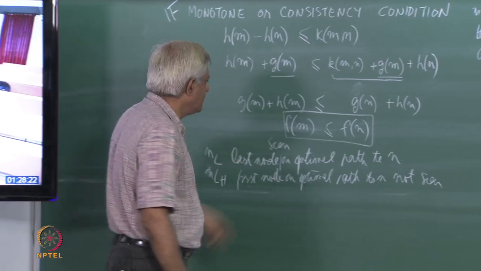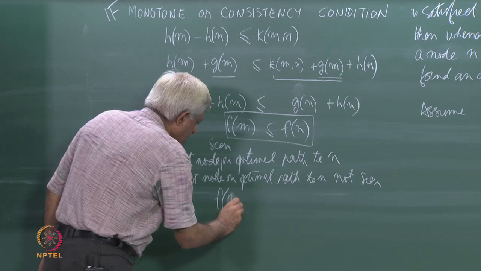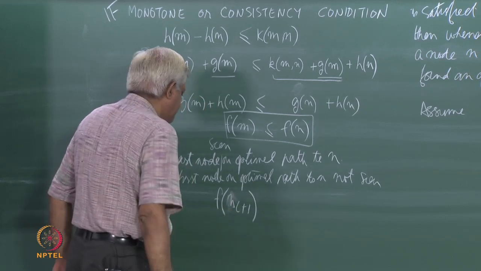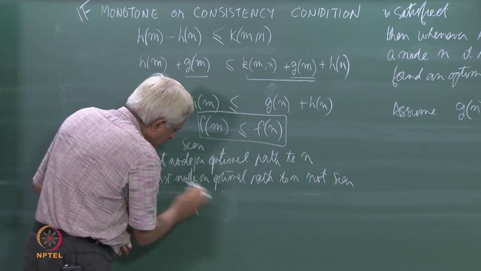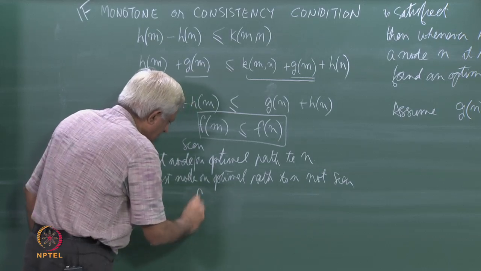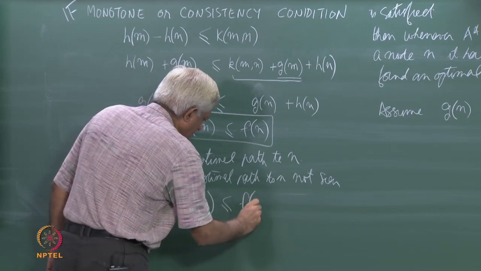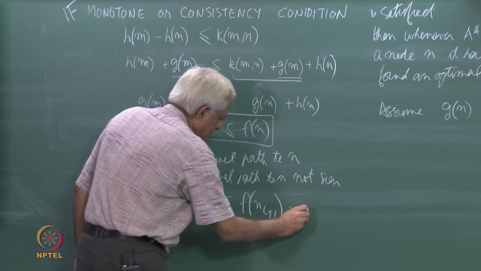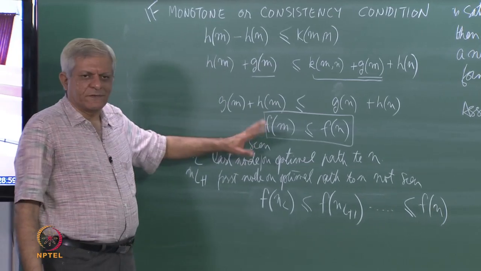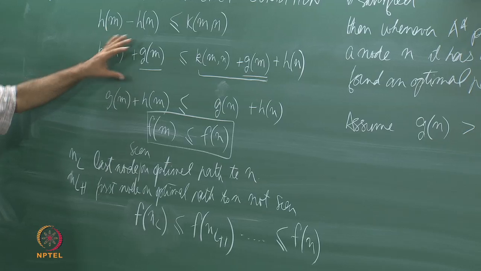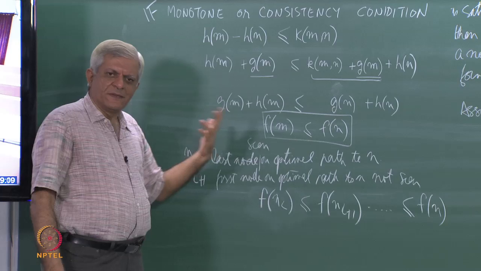Now, we can apply this monotone criteria that we observed, that assuming that the heuristic function satisfies this property, then from any path to the goal this property holds, that as you go closer towards the goal the f value increases.